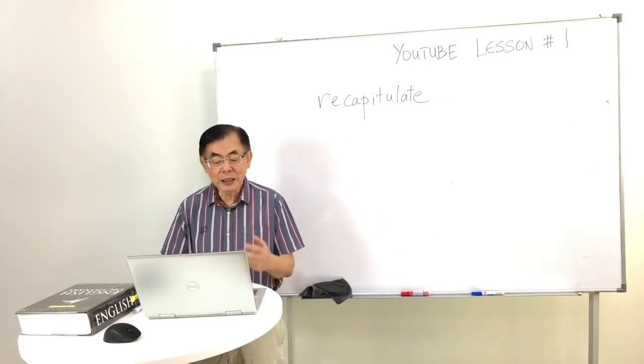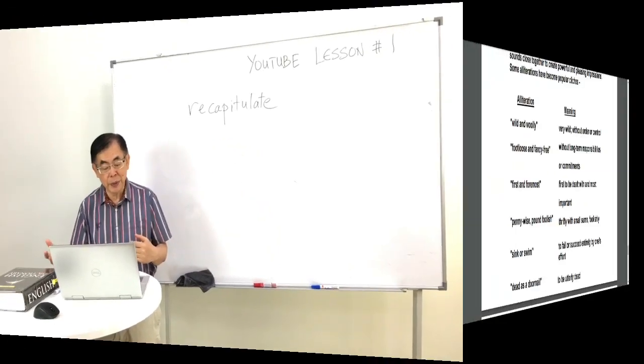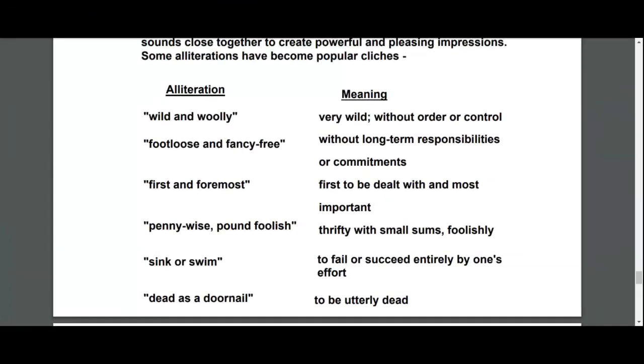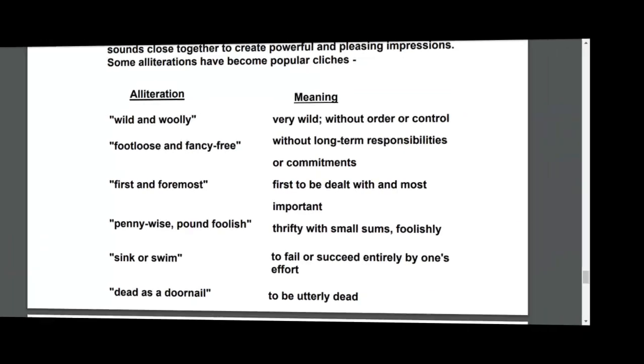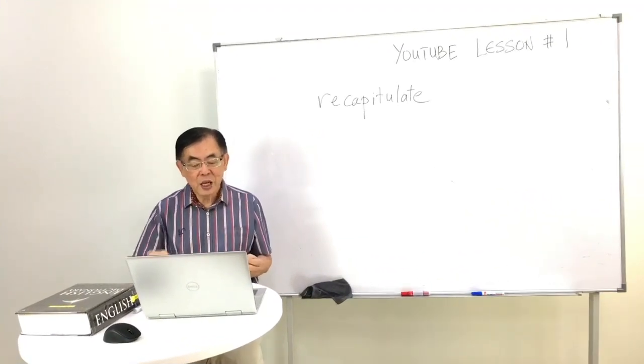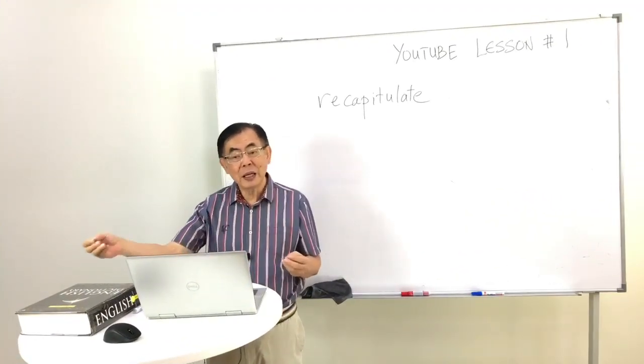Okay, that is what penny wise, pound foolish means. You are thrifty with small sums. Oh, I missed out the other line. Thrifty with small sums, but foolishly squander away large sums. You are careful with small sums, but you are wasteful with large sums.